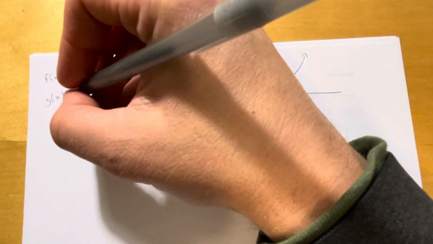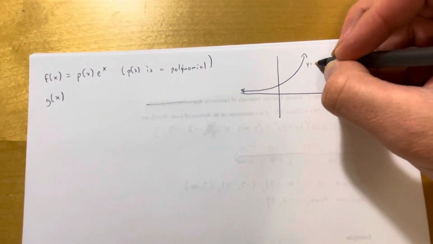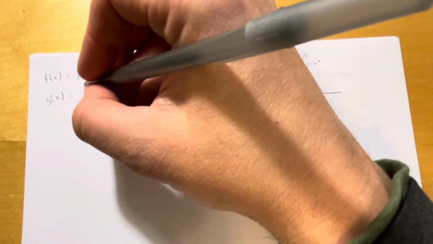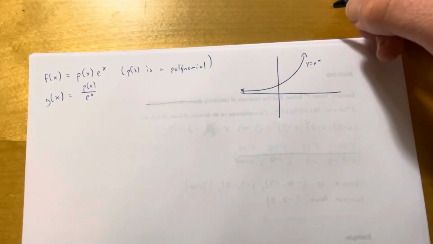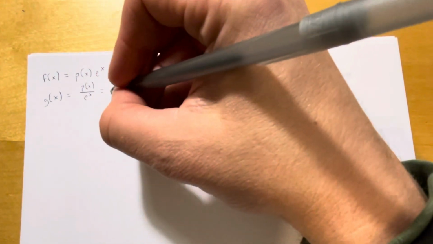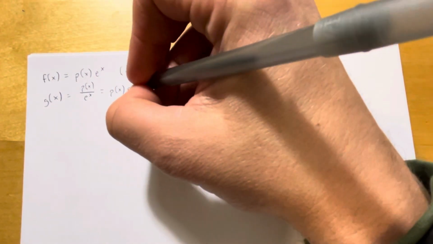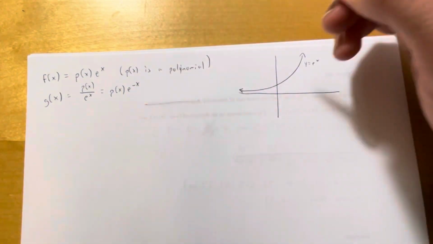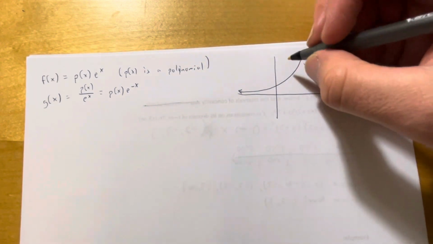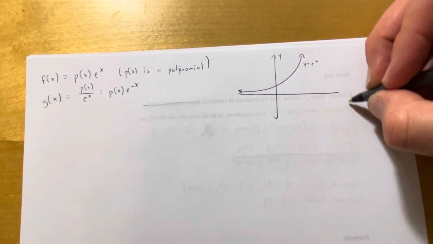What if instead, so this is like y equals e to the x, what if I have something like this, a polynomial over e to the x? Well, that's the same thing as p of x times e to the negative x. And we saw in the first week of class that if you put a negative up here, you get a reflection of this graph across the y-axis, right?